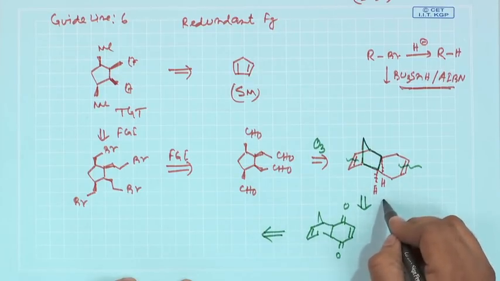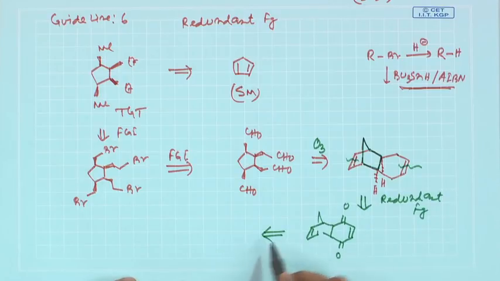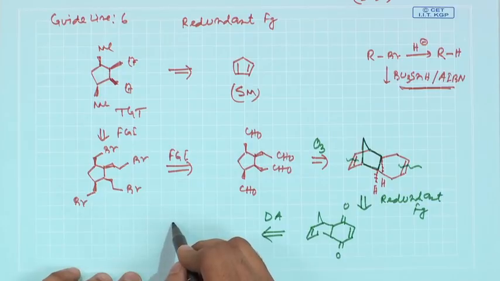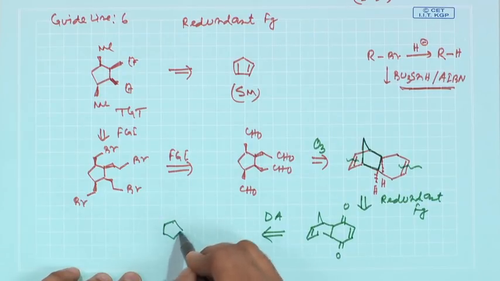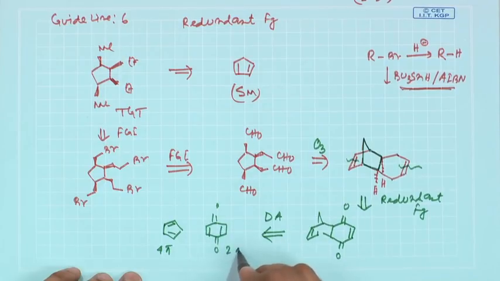This is basically the concept of redundant FG, and then here is the Diels-Alder retro. So, you can now write a 4 pi system and a 2 pi system, with parabenzoquinone as the dienophile.